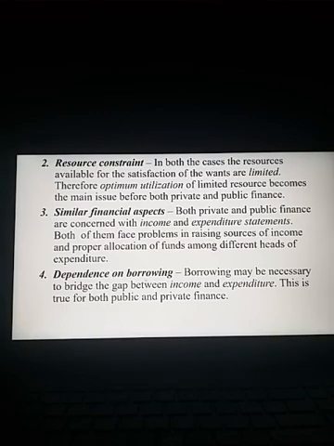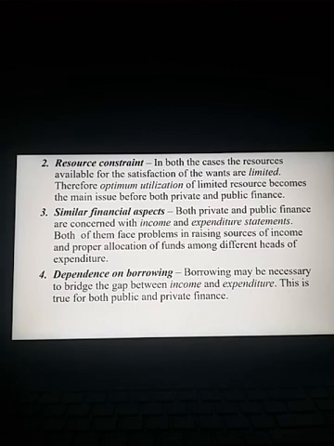Come to the next point, the fourth: dependence on borrowing. Just as an individual thinks to bridge the gap between income and expenditure, when the individual's income is less and expenditure is more, the individual borrows. In the same way, government also borrows. And that is where the question of public borrowing arises. Observe here, the fourth point: borrowing may be necessary to bridge the gap between income and expenditure.